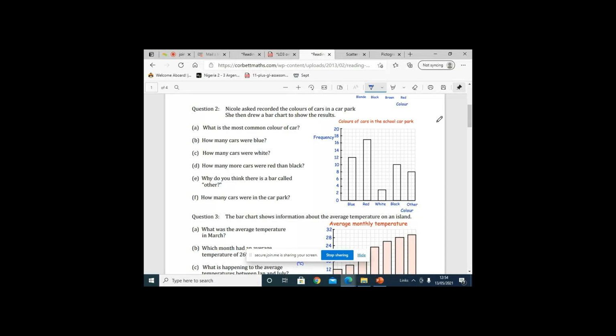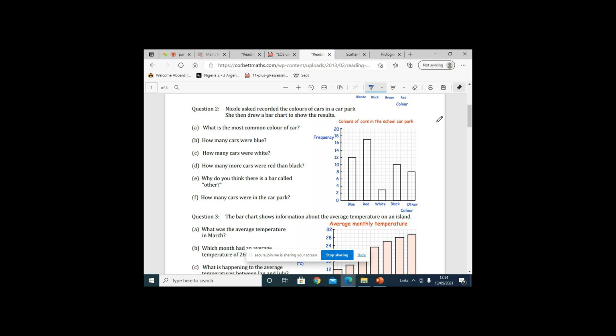So how many more? It's going to be 17 take away 10, so it's going to be 7. The answer is 7, right? So why do you think there is a bar called other? Because it's different colors that are not mentioned in the data.